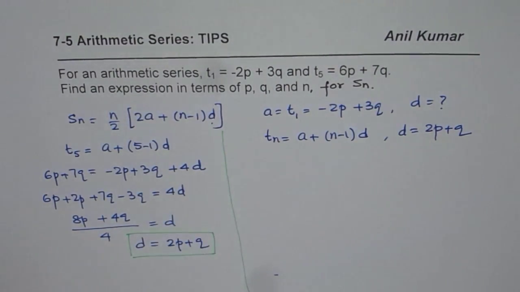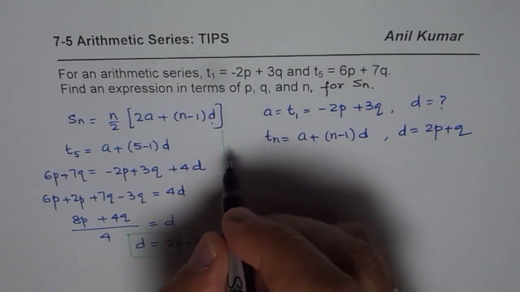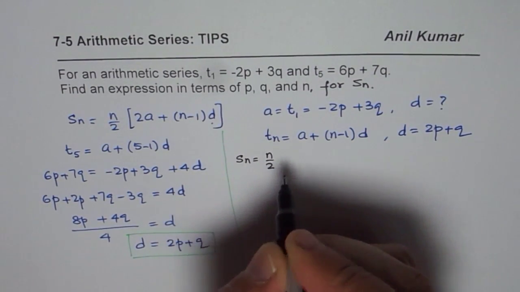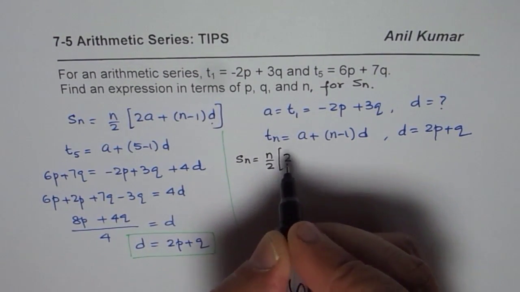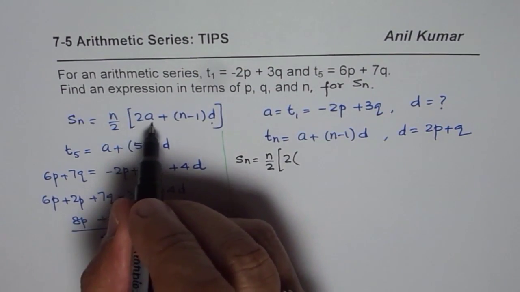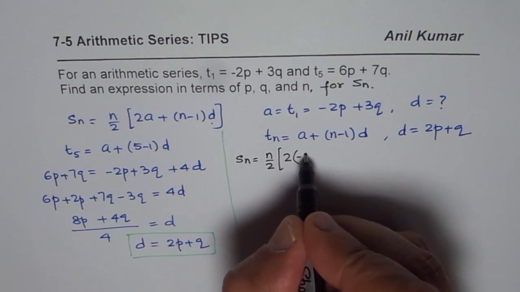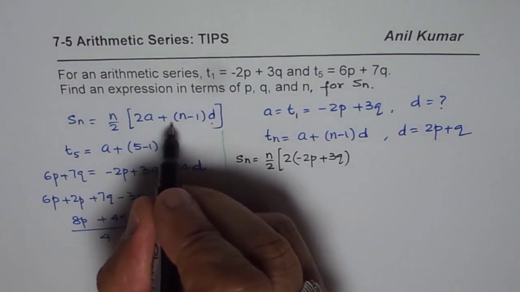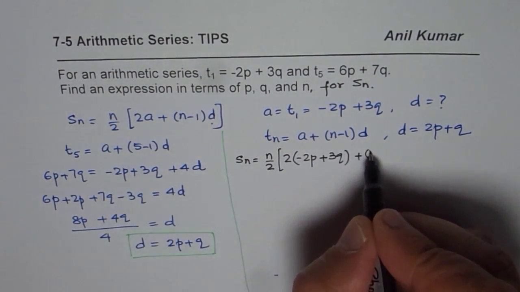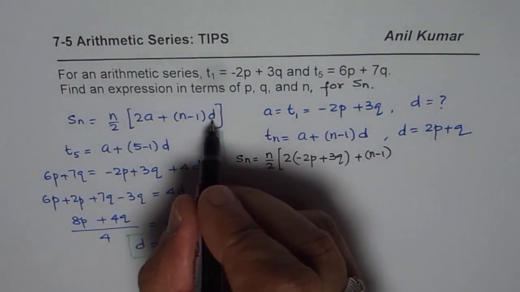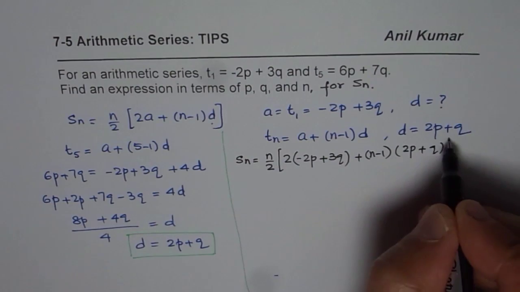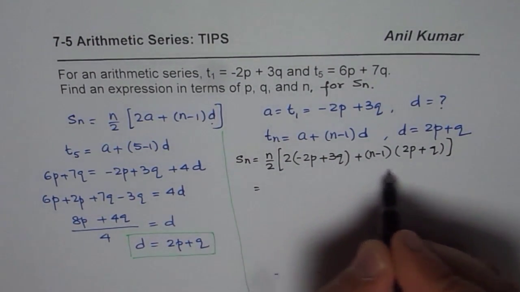So Sn equals n divided by 2, within brackets 2 times a, and a is minus 2p plus 3q, plus n minus 1 times d, and d is 2p plus q. So we'll expand and simplify this.